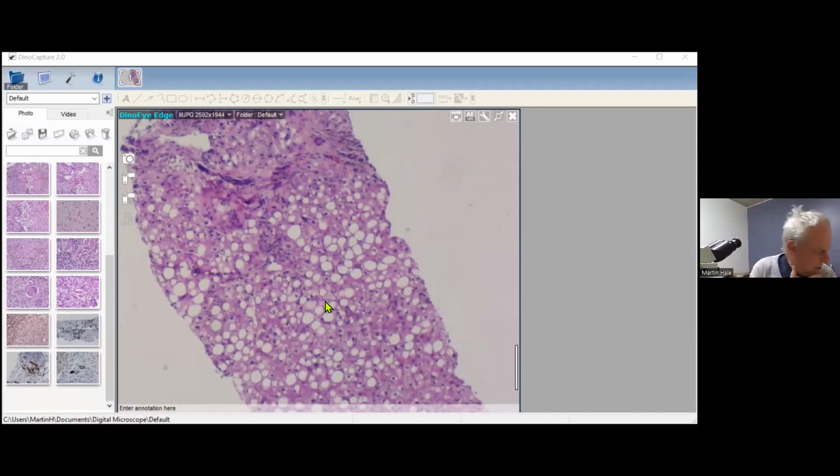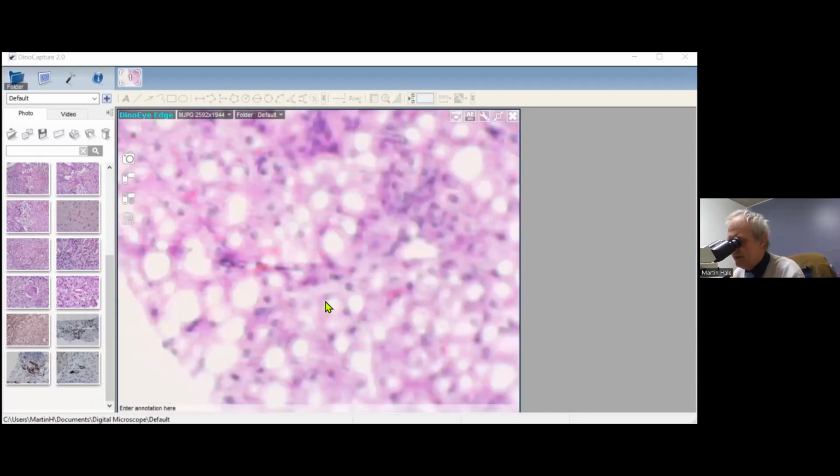And the steatosis I felt was in excess of 66%, so this would be a score of 3.